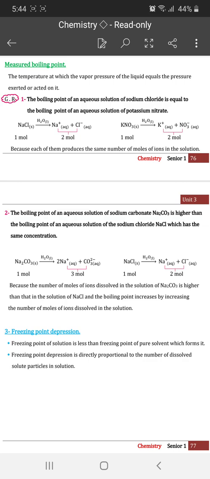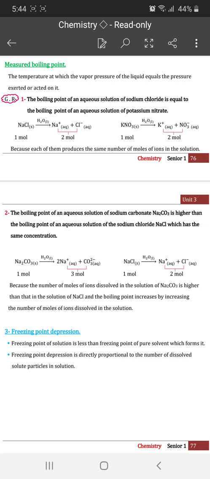Because the bond between the solute and water is stronger than the bond among water molecules, we need more energy to break this bond. So as the number of molecules or ions increases, the boiling point increases.